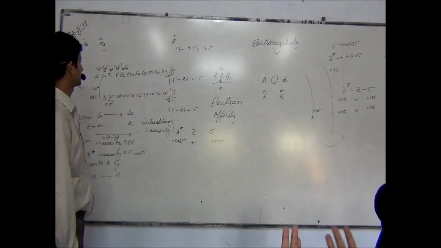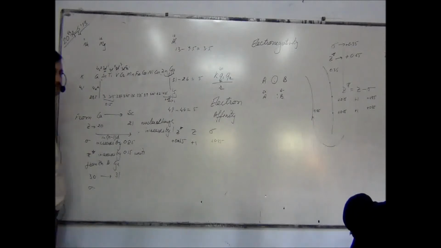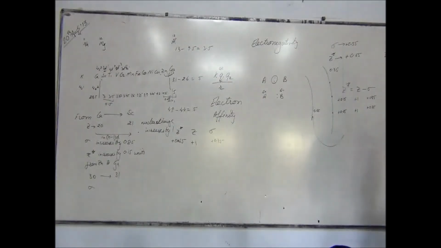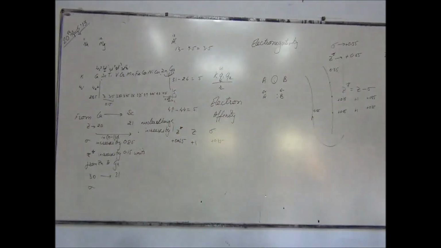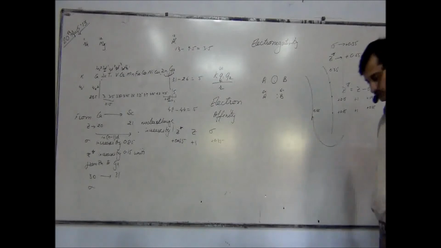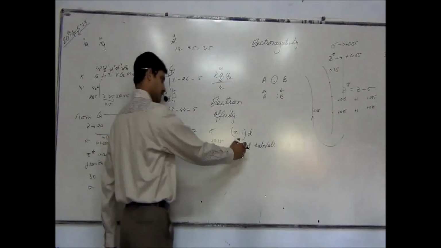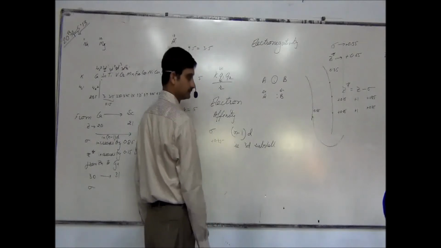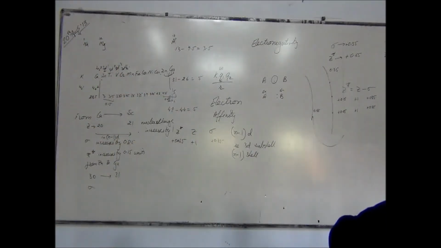Next step. On moving from calcium to scandium, the atomic number increases by 1 unit. The electron is added in the n-1 d, that is the 3d subshell. The n-1 shell has a shielding constant of 0.85.